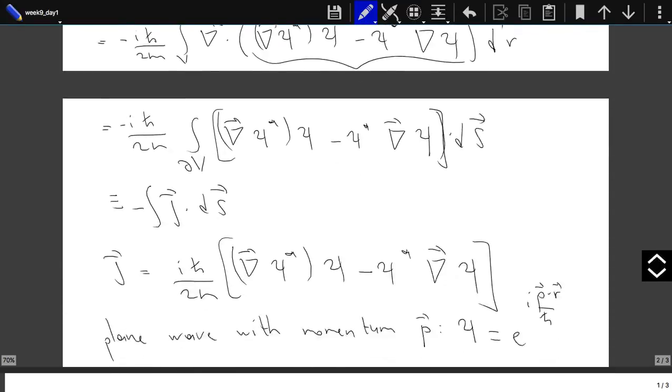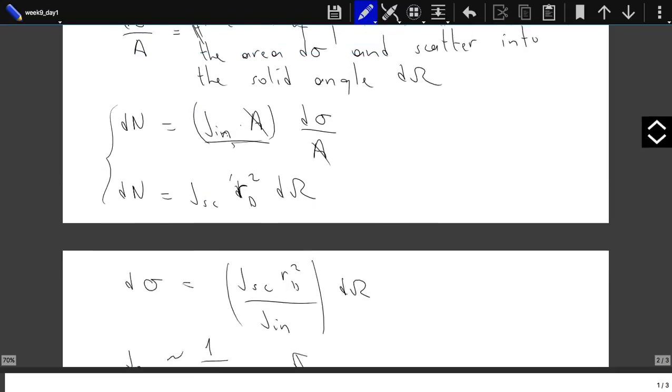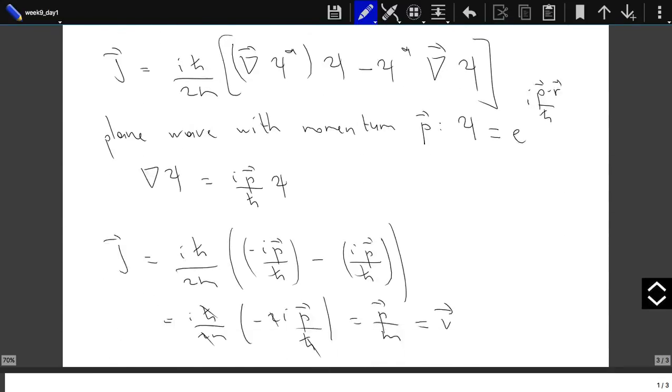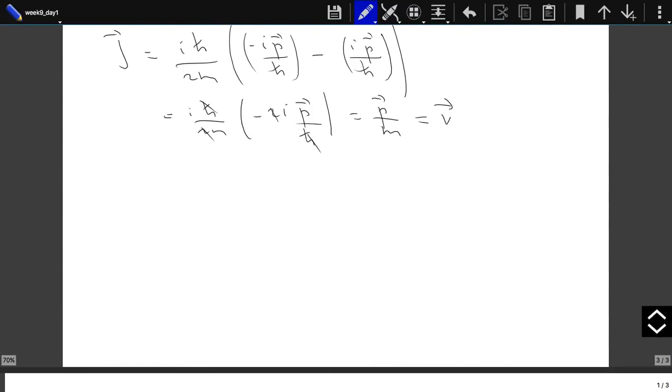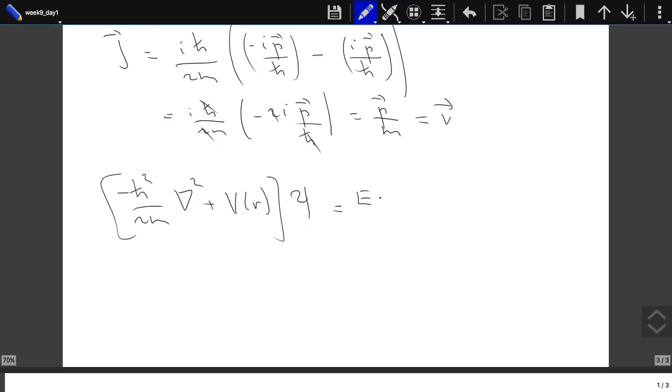So let's see. How will the wave function look very far away from the potential? So let's first study them. Now we know the Hamiltonian. We are looking for the solution of this one. At a given energy, we are basically looking for solutions of this one, which will be describing our scattering state.